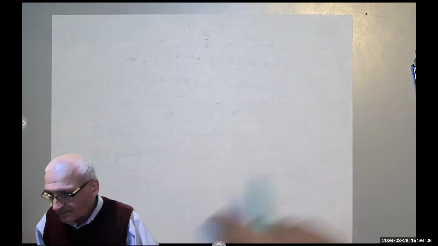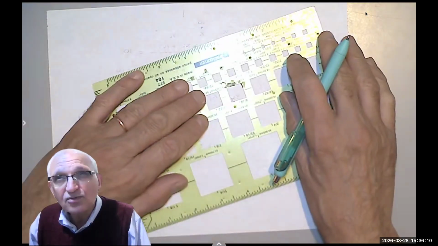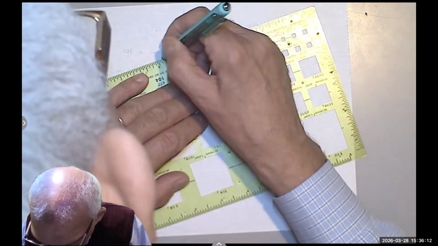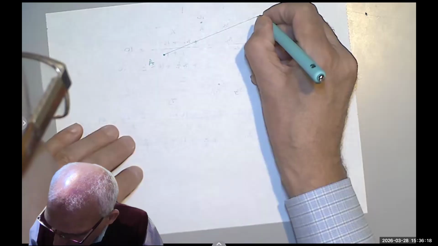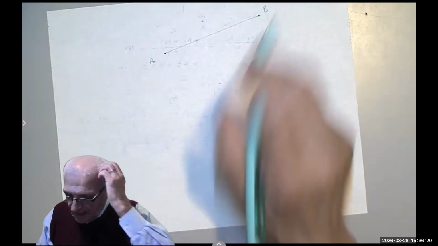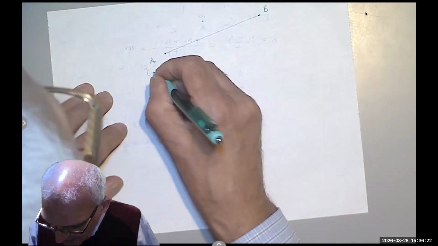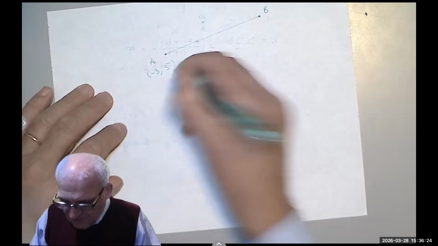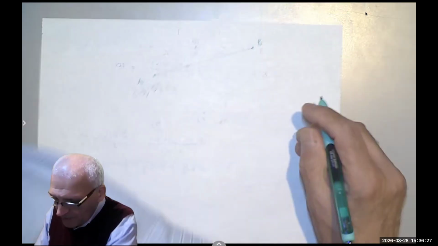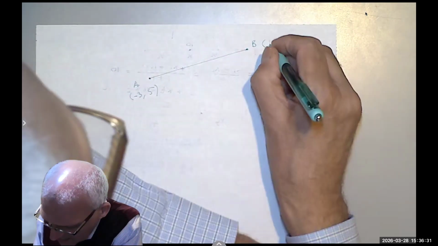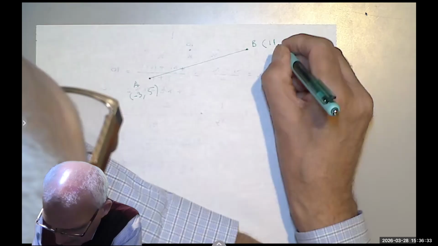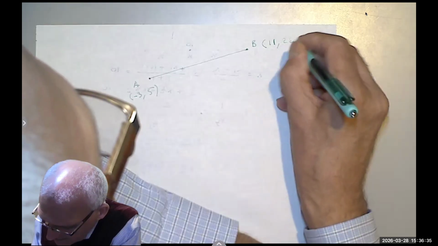Suppose, let's pick 2 numbers that would make sense. I'm going to pick a point here, A, and a point B. And let's say I want this to be -3 and 5, just any numbers. And I want this to be 11 and 26.